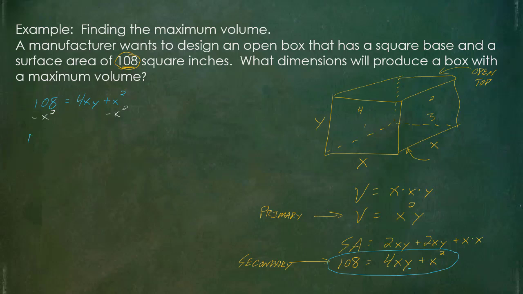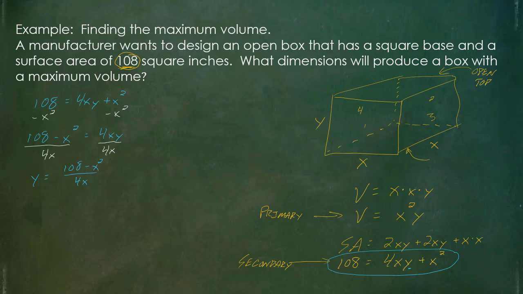So that would then give me 108 minus x squared is equal to 4xy. And again, I'm trying to get the y by itself, so I'll just divide by both 4 and x. That then gives me an expression where y is equivalent to 108 minus x squared all over 4x. If I could reduce it, I would, but it doesn't look like there's anything in common on top and bottom that I could factor and reduce. So that's really as good as that's going to get.